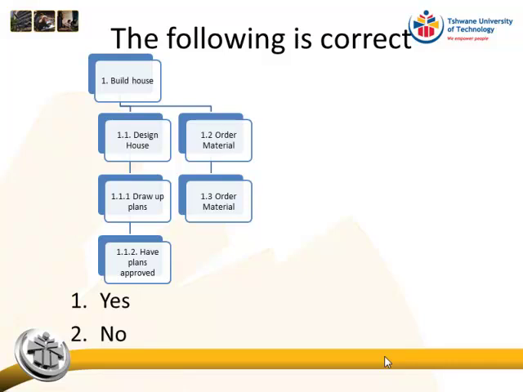Okay, so what Aluwani is saying is that there should be a dependency between the parent and the child. Can you see that have plans approved is actually, according to the numbering system, the child of design house. But the line is running between draw up plans and have plans approved. So this line is incorrect. So that should actually look like this.